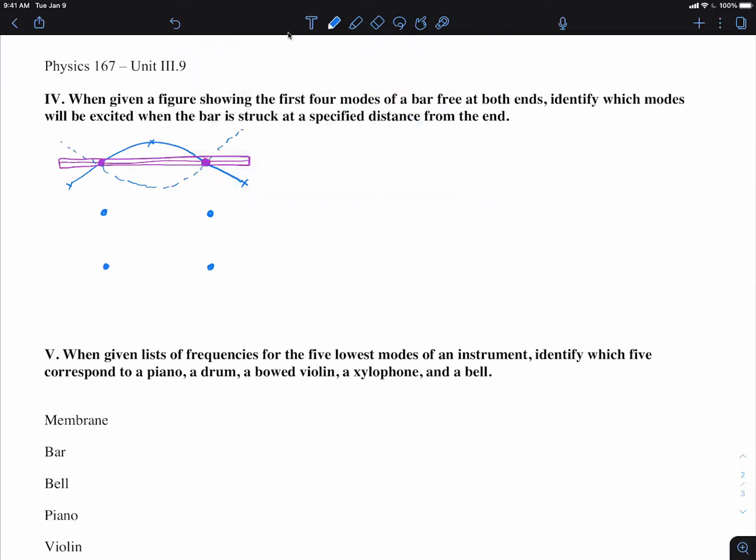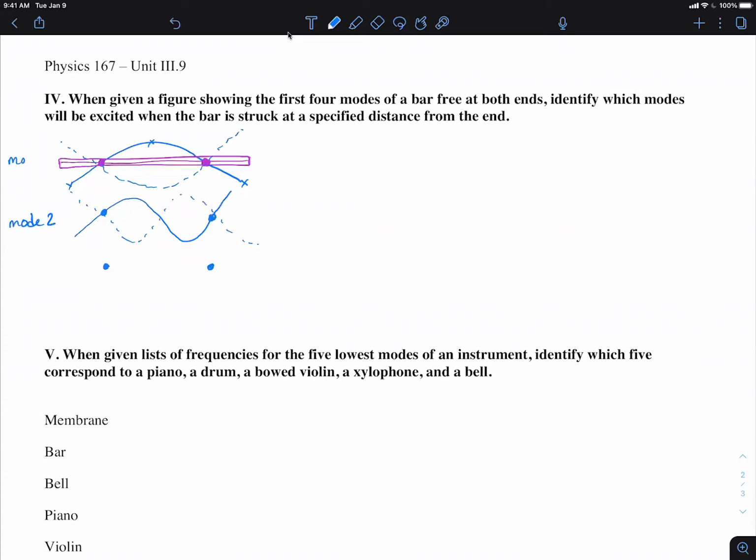So then mode 2 would have an extra node in between, like that. Let me just move this dot over just a spot. Okay. And then it would be oscillating between there and something like this. Okay, so again, the ends are free, so they have antinodes. So that would be mode 2.